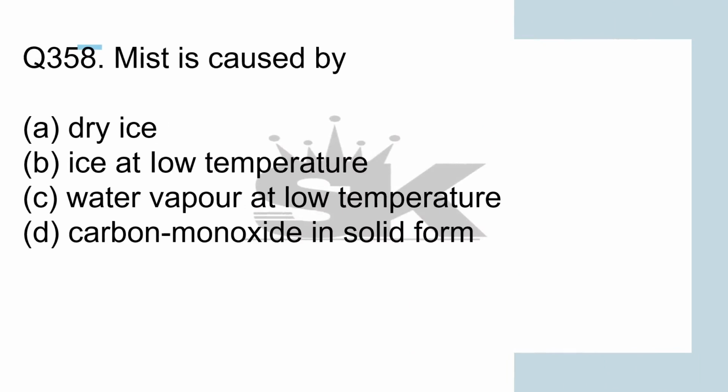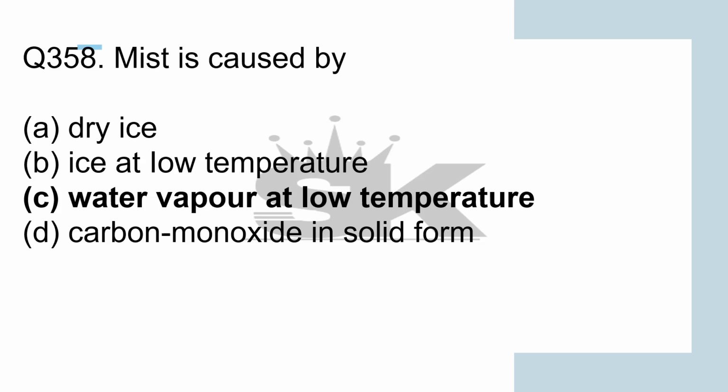Mist is caused by, the answer is water vapor at lower temperature. It's option C. Mist is a phenomenon caused by small droplets of water suspended in air.